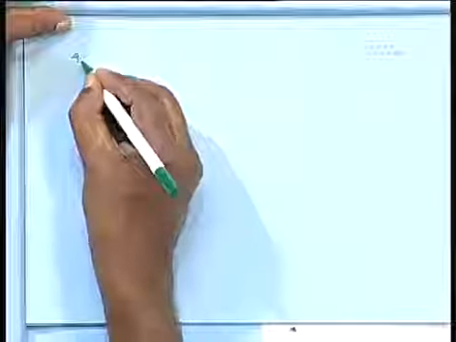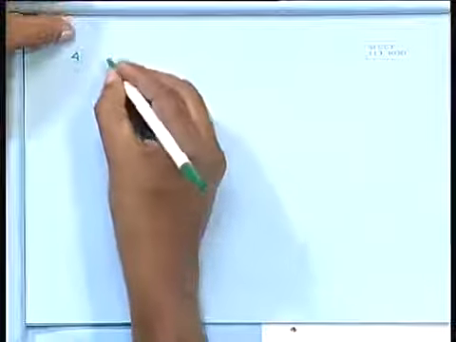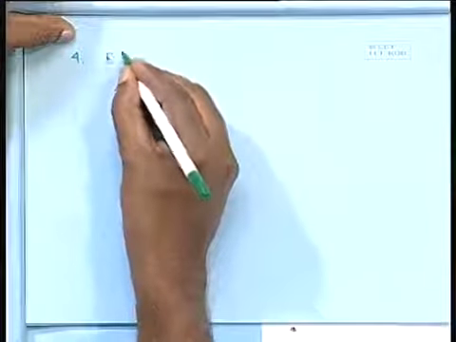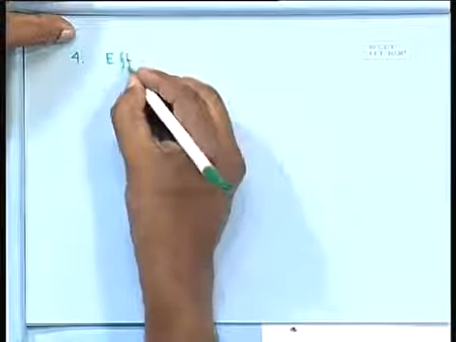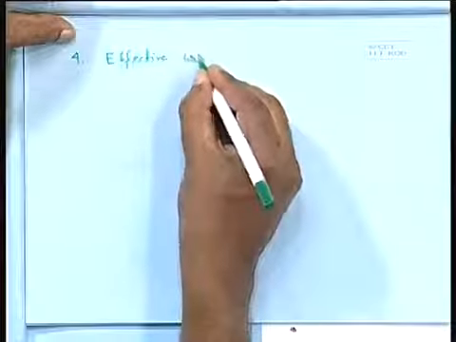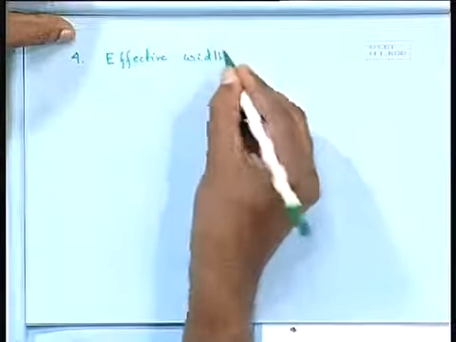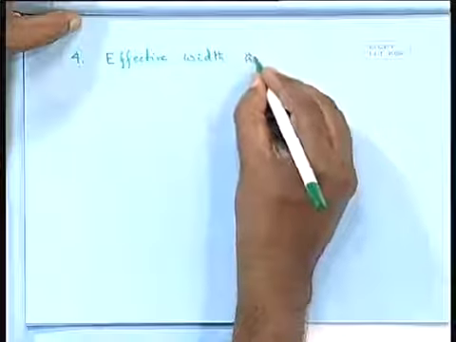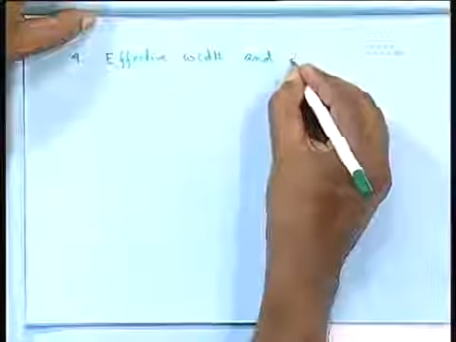Next one, number 4, the effective width and depth.